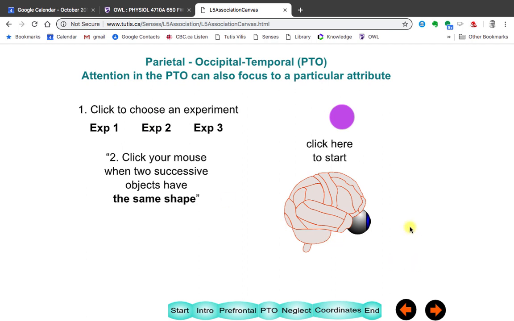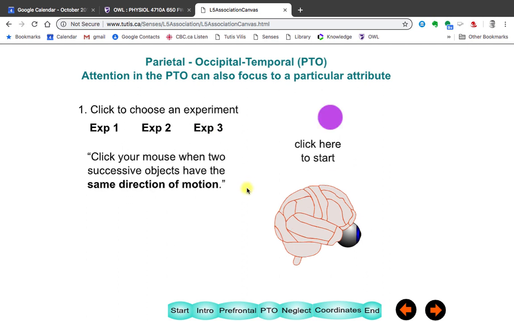If instead you were asked to look at shape, if two objects are the same shape, again, that one would be the right one to do. LOC would become active. Okay?